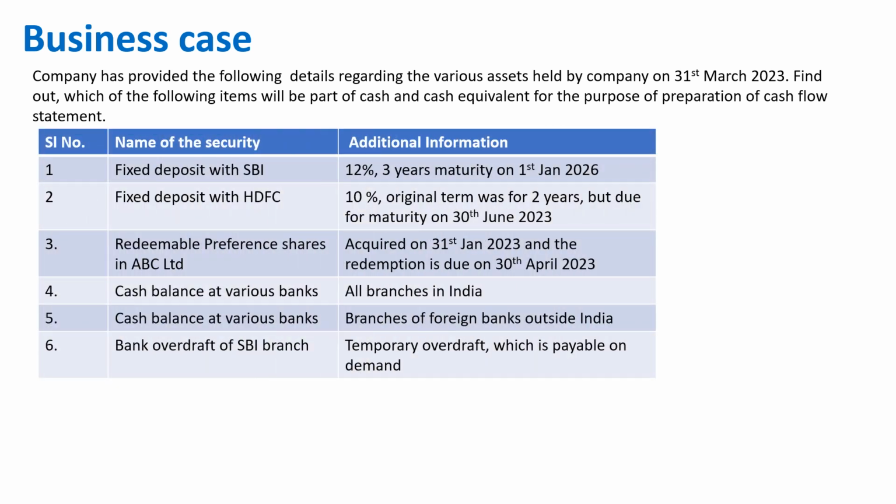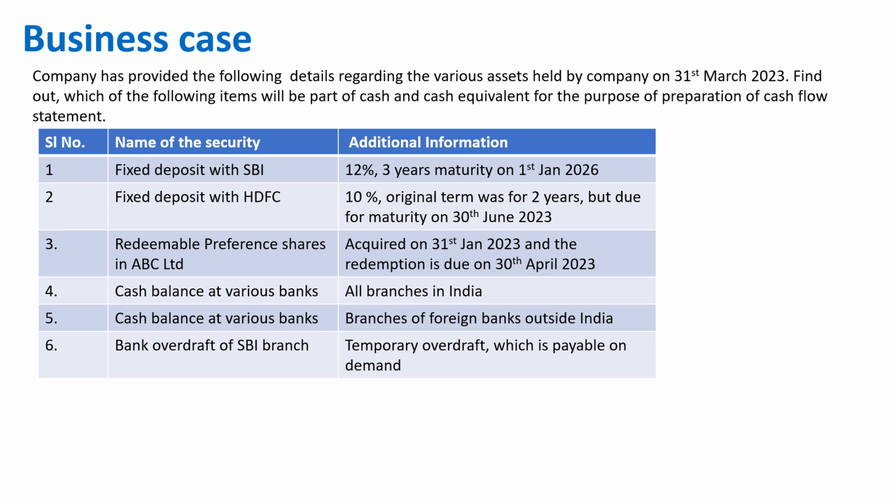You have a fixed deposit with State Bank of India. Additional information is 12%, 3 years, maturity on 1st January 2026. Second one is a fixed deposit with the SDFC. Additional information is 10%. Original term was for 2 years but due for maturity on 30th June 2023.